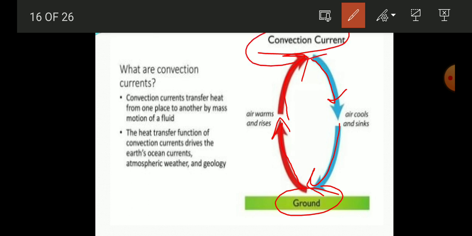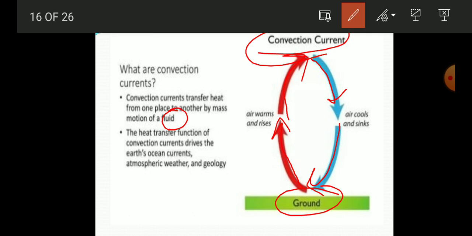So if you are defining convection, you can say it is the transfer of heat from one place to another by the mass movement or motion of a fluid. Here fluid means a thing which has the ability to flow, like gas and liquid.